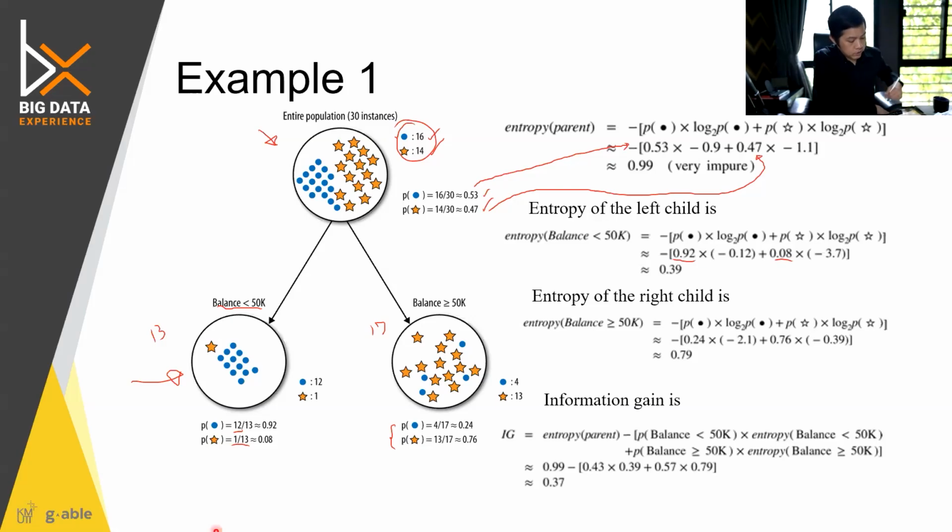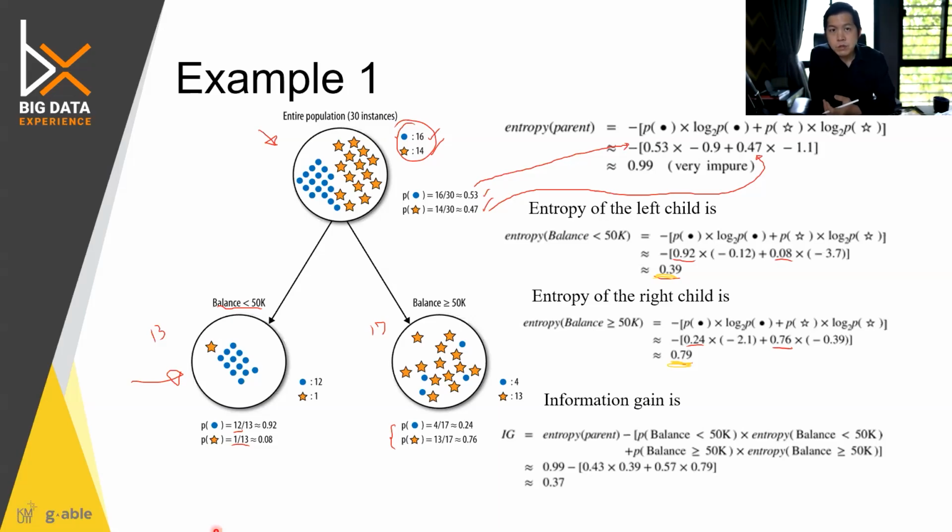Plug these values into the equation, and then you get the entropy for balance more than 50K, equal to these two values. You can see that these are the entropy of the left side and the right side.